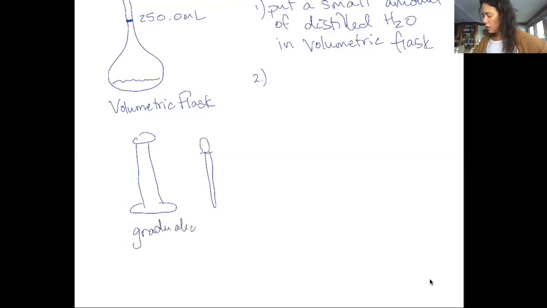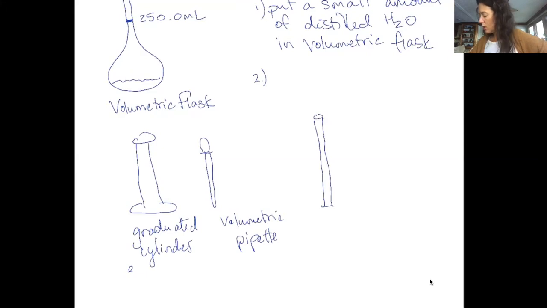I think I'm going to stop the video after this, just so you know. Graduated cylinder, volumetric pipette, and a really great one would be our burette. Okay, and I remember, Ian, you answering the question about that burette one of the first few days of class this semester. Burette.